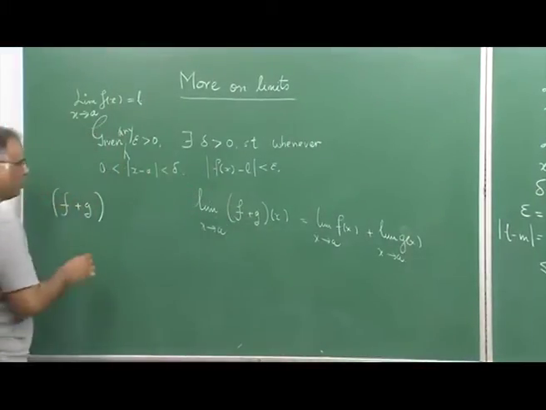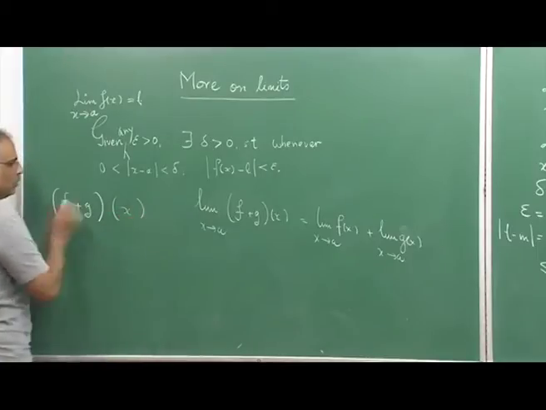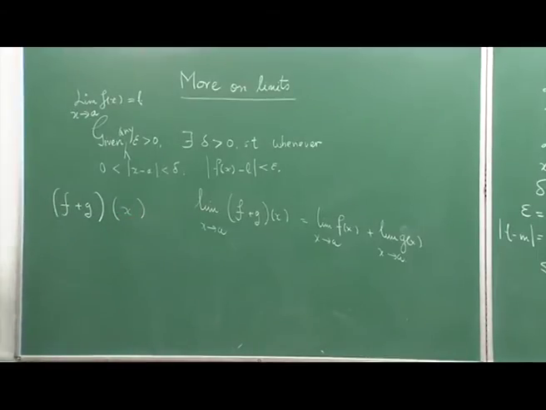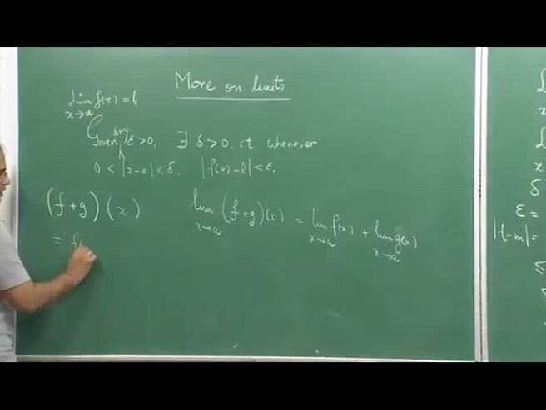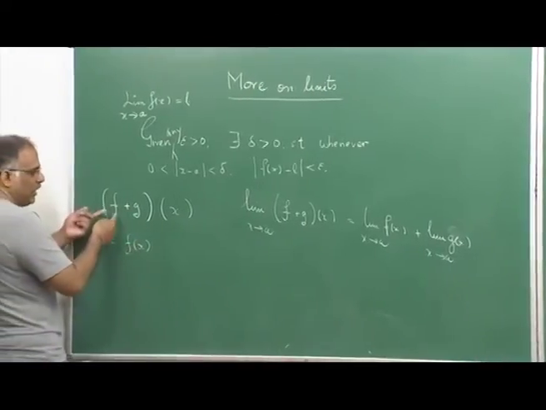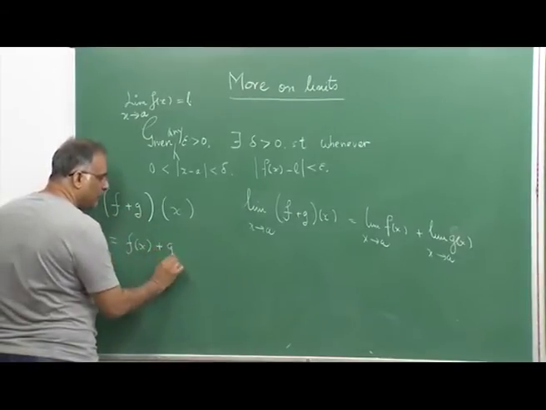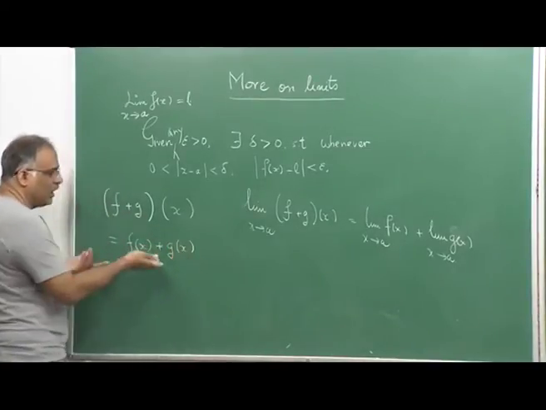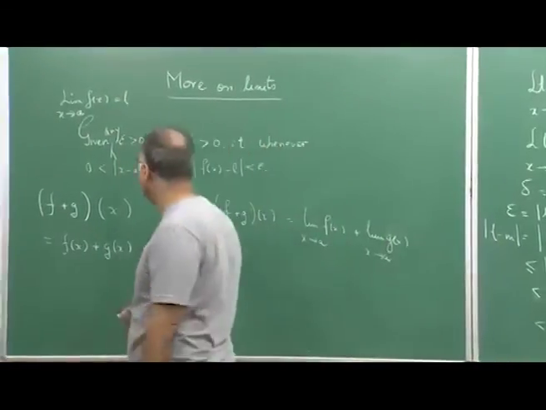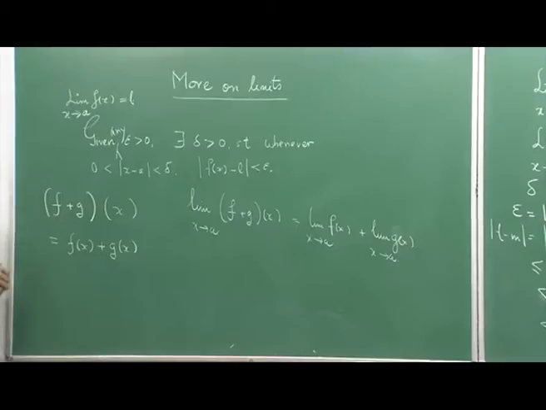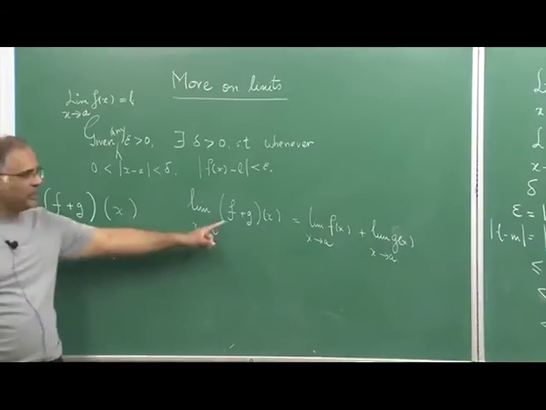If it operates on an input, what does it say? We have to first define that this is the same as first operating f and g individually and then adding the outputs. That is the meaning. So, this is the definition of the function f plus g in terms of the functions f and g which are already defined.